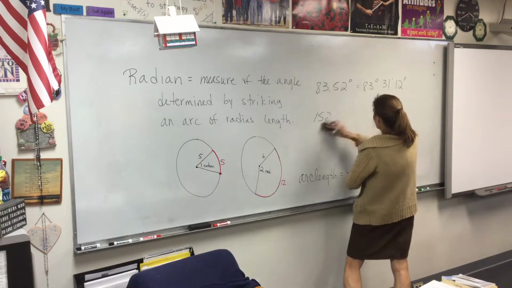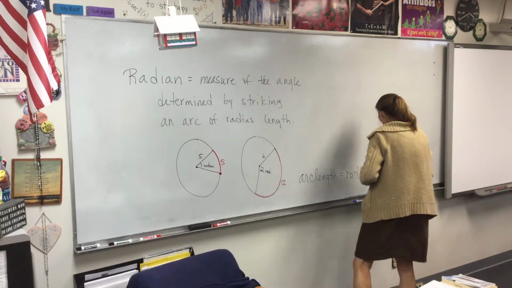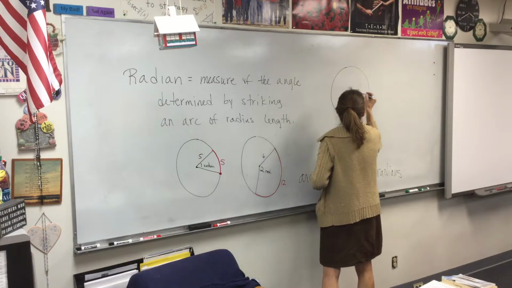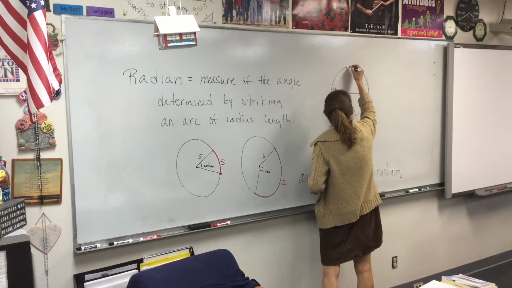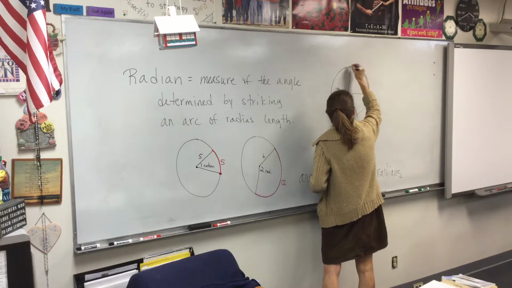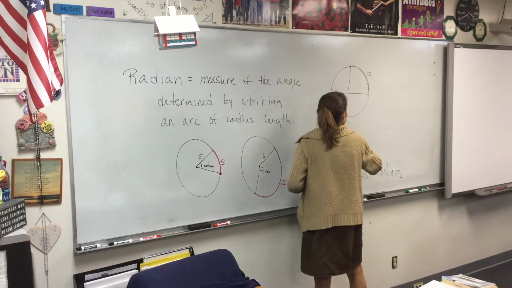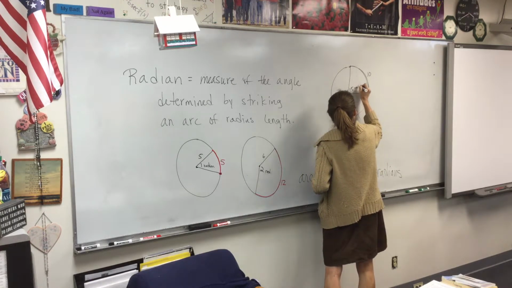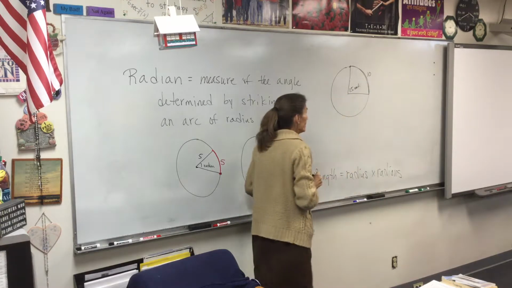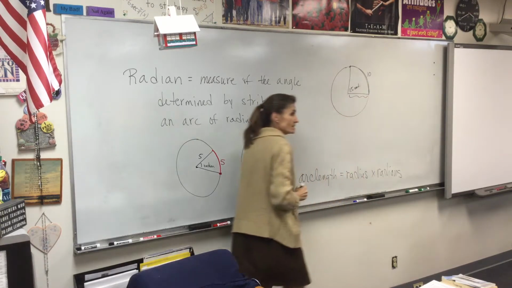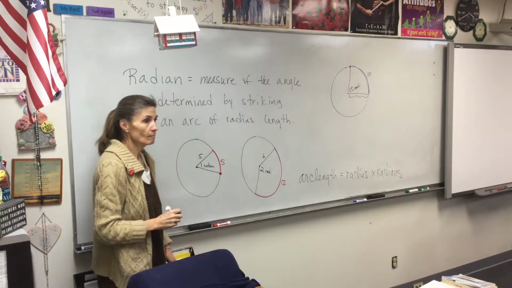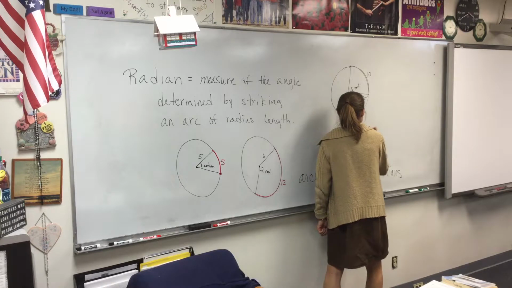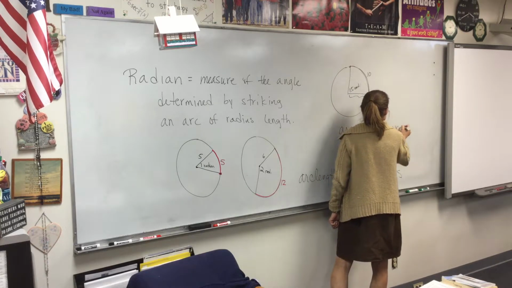So if I gave you a problem, or in the book they gave you a problem and said, okay, you have a circle. The arc length is, let's say, 10. And the central angle is 1.5 radians. Could you find the radius of the circle? Absolutely. Arc length equals radius times radians.